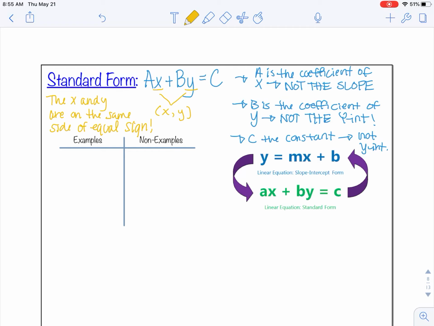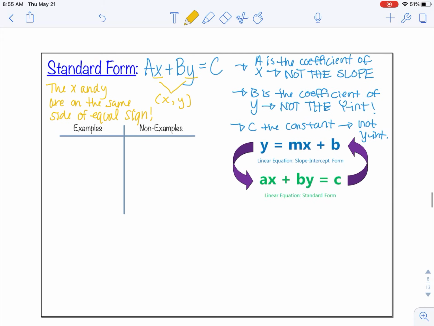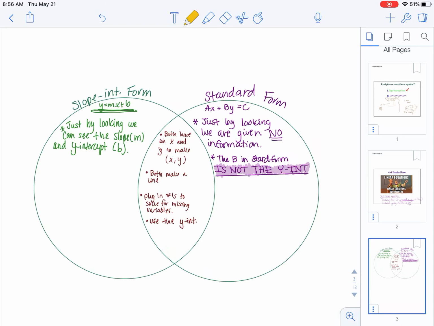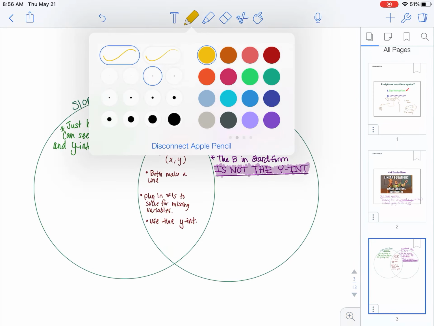I'm going to tell you too right now, in this equation, x and y kind of have different jobs as independent and dependent variable. Okay, so that's another change. That's why I said you need to completely take your slope-intercept form box and put it to the side. Do not try to find connections between the two of them except for the ones that we're doing in our Venn diagram. Except for these ones. Okay? Because they're totally different.